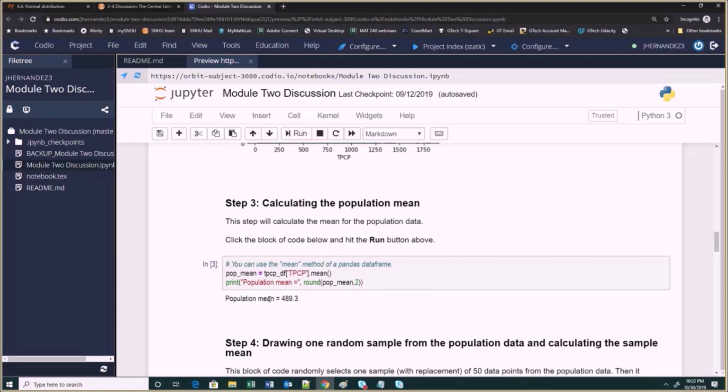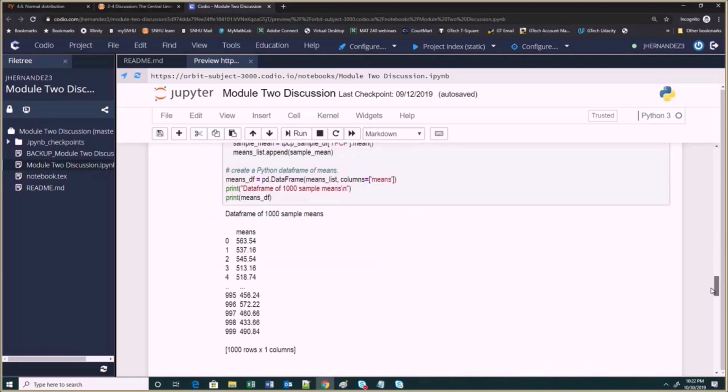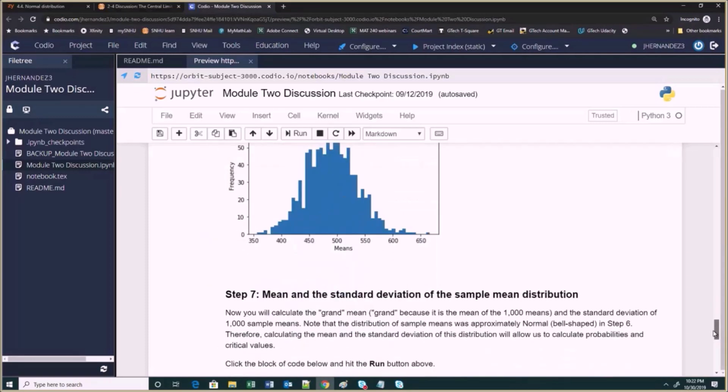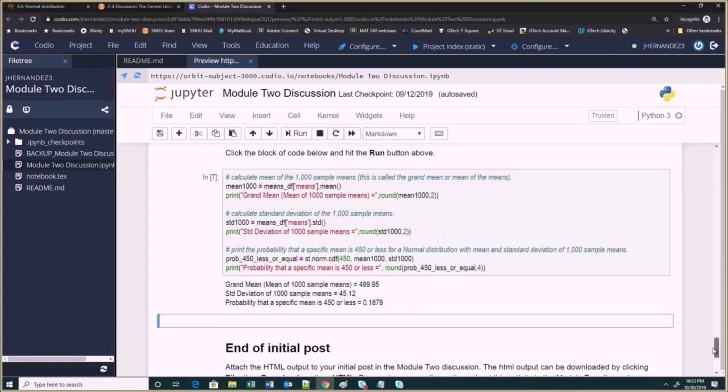So this was the unknown. This is something that you have to estimate. And when we calculated the grand mean, which is the mean of the 1,000 means, that comes out to be 489.95. Notice how well it approximates the unknown population mean.